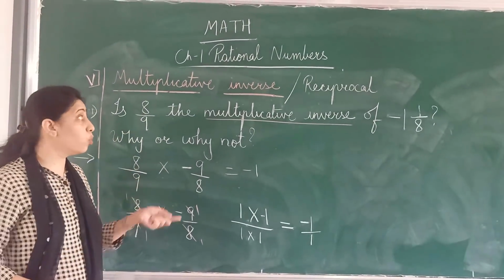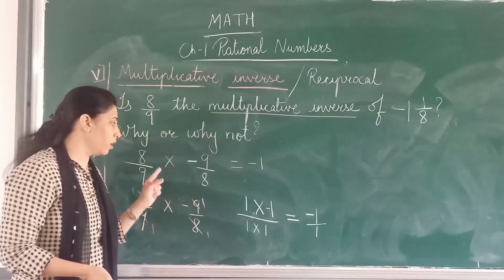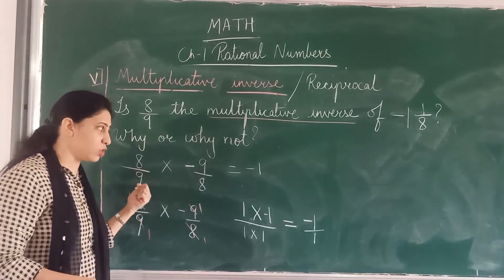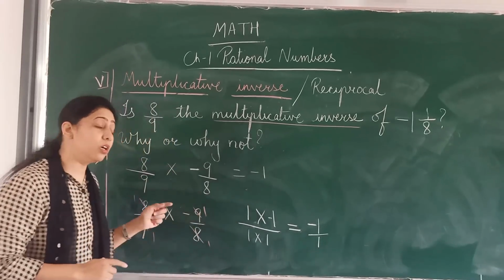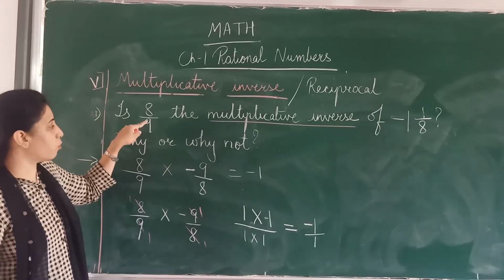But what is the rule for multiplicative inverse? When you multiply a rational number with the reciprocal of that rational number, you get the product as plus 1. But here you are getting the product as minus 1. So what do we conclude?